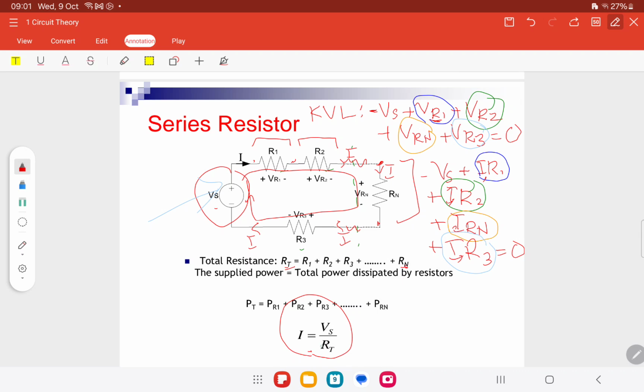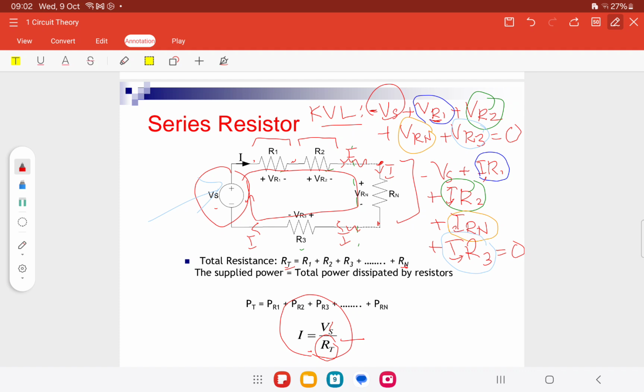Kan? All the R kita tambah, dia jadi R total. VS tu bawa pergi the other side yang negatif tu. Okay, so you can relate between KVL with the Ohm's law. Kan? Betul tak? Pening lah madam, awal-awal pagi ni.